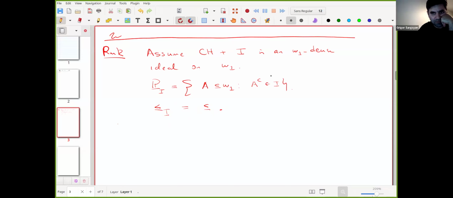Okay, so now we say, the following is true. Suppose you collapse omega-1, make it countable, and G is generic.